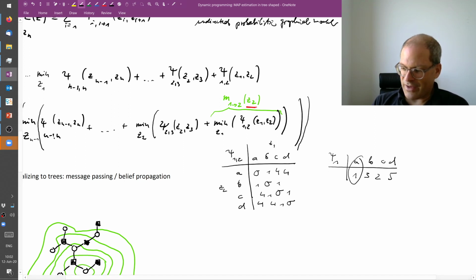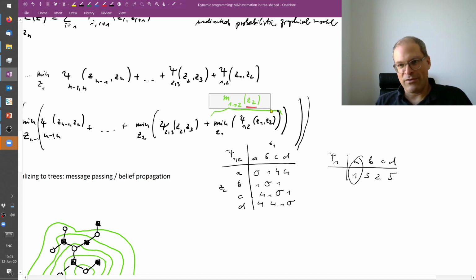And in this case, if I have minimized over the states of variable z1, I am left with a function that's now a function of z2 only. And this is why I write here that this is a function. I'm writing m for message, which only depends on z2.